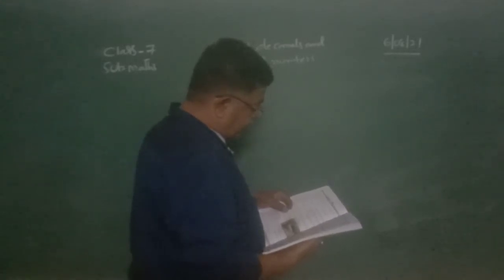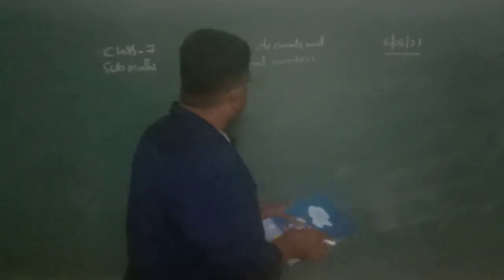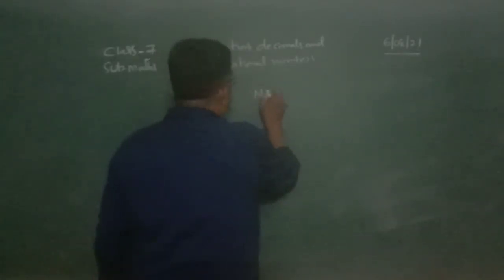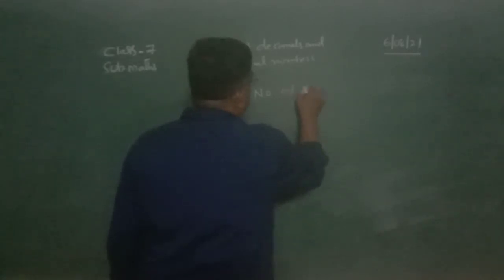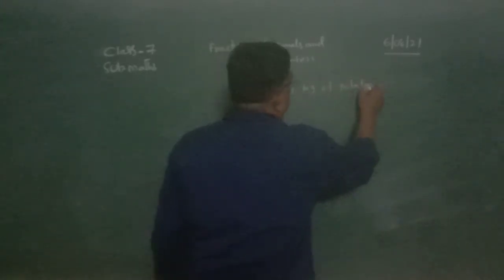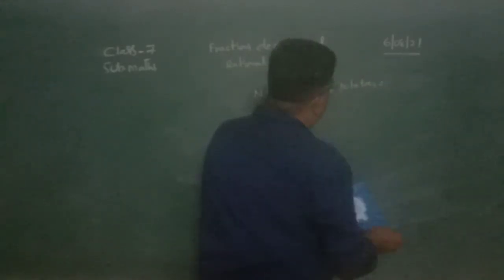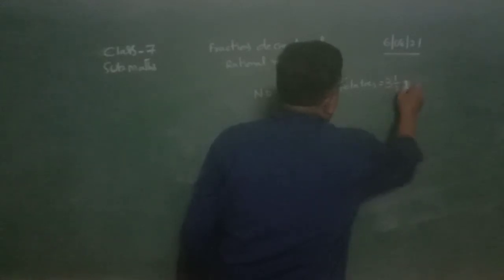Gopal bought 3.5 kgs of potatoes in the market. If he paid rupees 84, then find the cost of 1 kg of potatoes. Number of kilograms of potatoes he purchased is 3.5 kgs, that is equal to 7 by 2 kg.